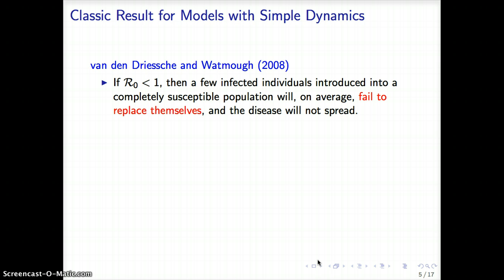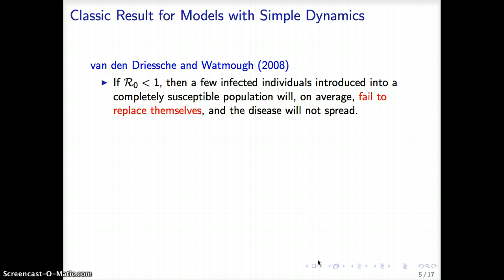When R naught is less than 1, we think of the scenario in which the infection is incapable of taking off. This is a scenario in which the epidemic dies off. There is actually no outbreak, no epidemic.